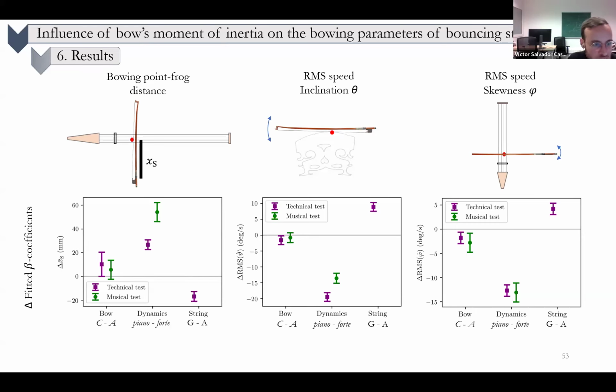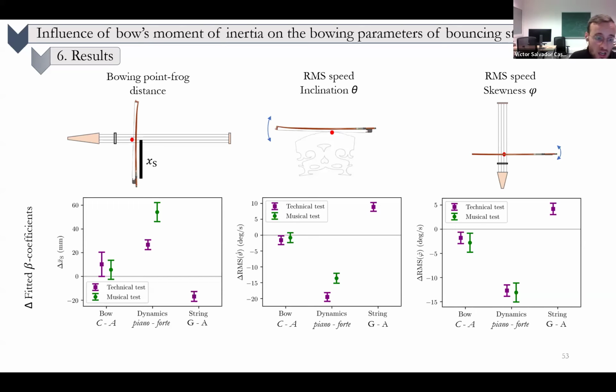So, for example, in the case of the distance from the frog to the bowing point, that is, if we play more towards the tip or more towards the frog, the moment of inertia seems to have an effect on this particular parameter. This is also called the bouncing point of the bow, whether it's more towards the tip or the frog.